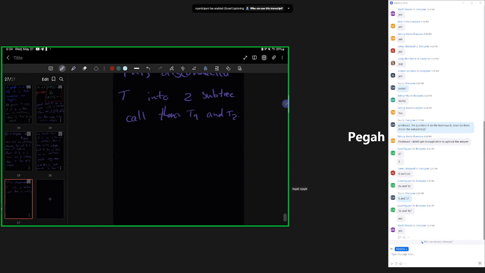So what's going to happen? Let's say the number of vertices for T1, the first tree, is K1, and the number of vertices for the second tree is K2.